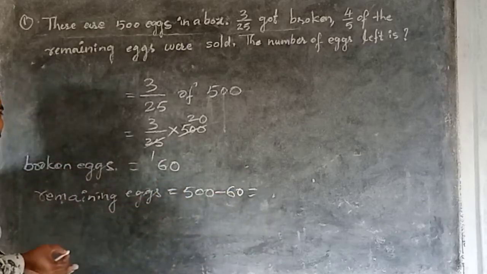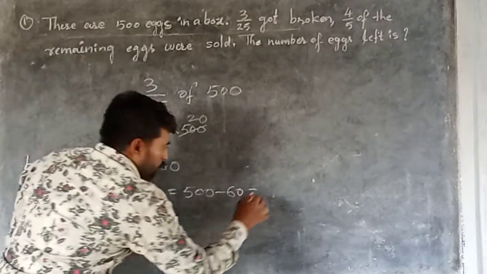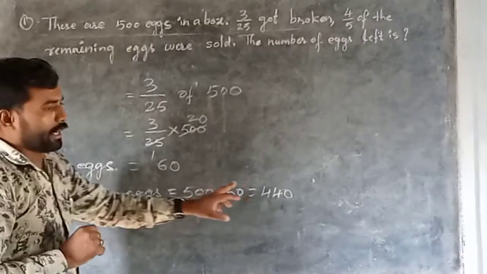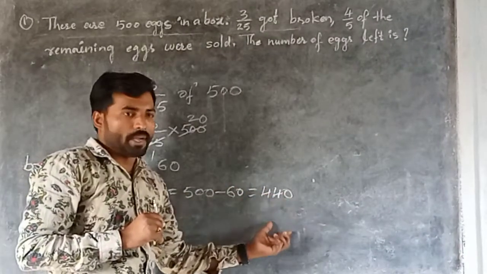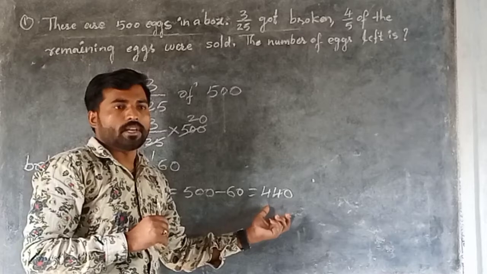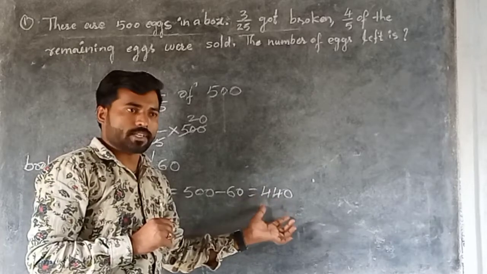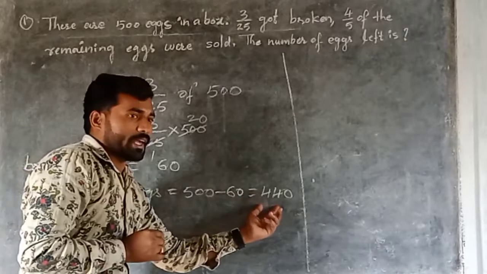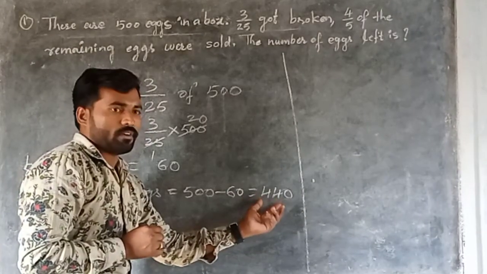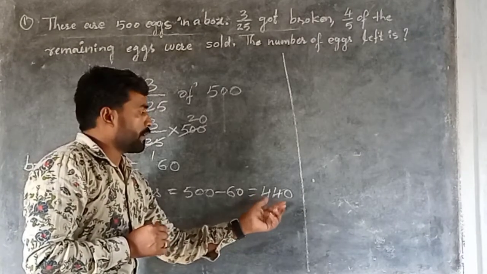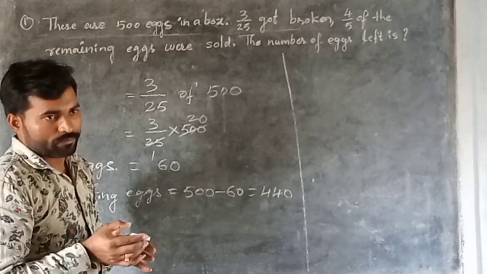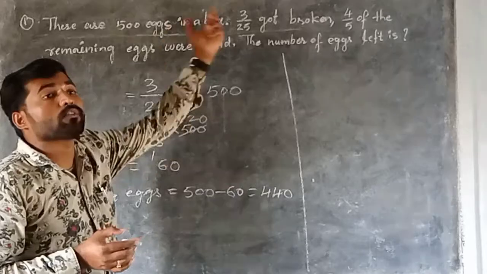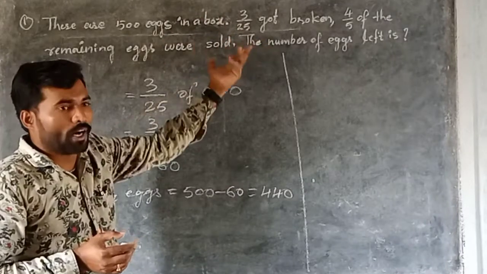How much remain? 440. 500 minus 60 is 440. This much of eggs were remained. Among these remained eggs, he sold 4 by 5 part.